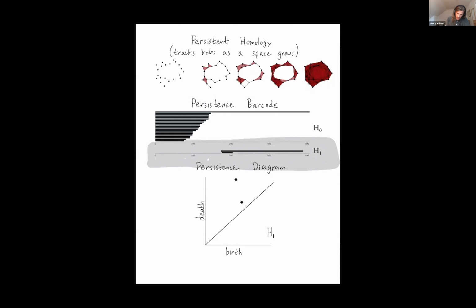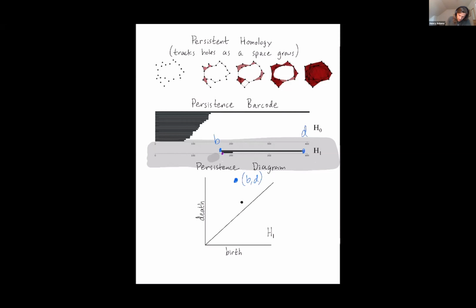So in this barcode, I have two intervals, and that's why I'm going to have 2 points in the diagram. And I just look at the birth value and the death value of each interval. And then I plot a point with birth coordinate and death coordinate. And the death is always after the birth. And that's why these dots in the persistence diagram are always above this diagonal.